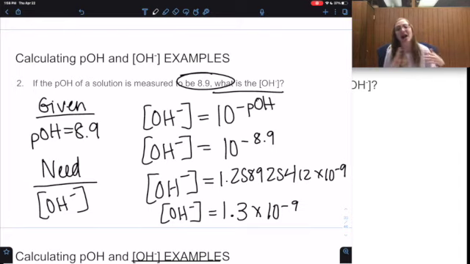So it's not going to be very basic, and that's reflected in a high pOH. So my pOH is greater than 7, and that is exactly what I expect if I have a concentration of OH minus that is much smaller than what I would expect in a neutral compound. So my answers here check out, make sense, which is a good thing here for us.